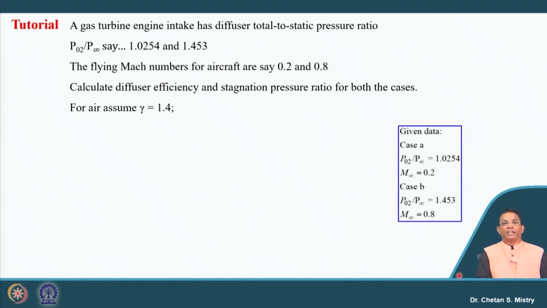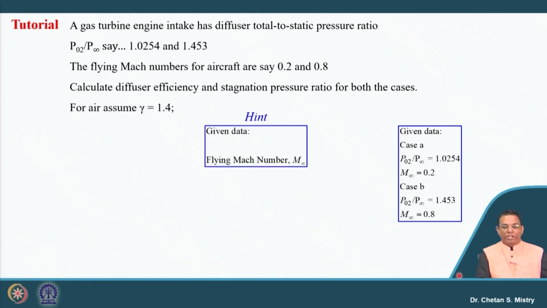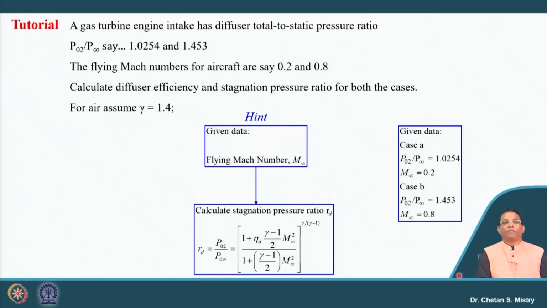For the numerical, we are given the total to static pressure ratio and two different Mach numbers, and we need to calculate the diffuser efficiency and stagnation pressure ratio for both cases. We discussed the hint. With the given data, we want to calculate the stagnation pressure ratio and diffuser efficiency.